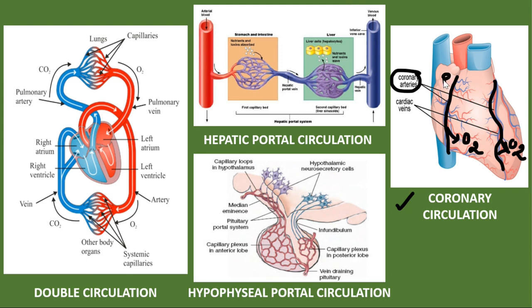The right coronary artery and left coronary artery arise from the ascending aorta. This is the left coronary artery, this is the right coronary artery. So these two arteries arise from the ascending aorta.